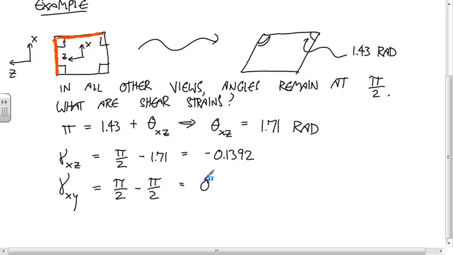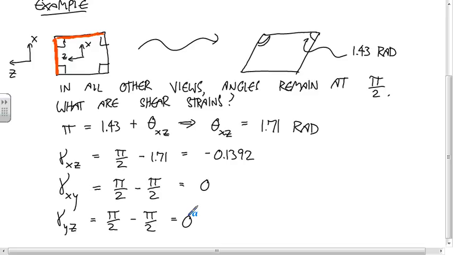And you get 0 shear strain, which is what you would expect if there's no change in angle in that plane. And then the same thing with the yz face, pi over 2 minus pi over 2, so 0 strain.